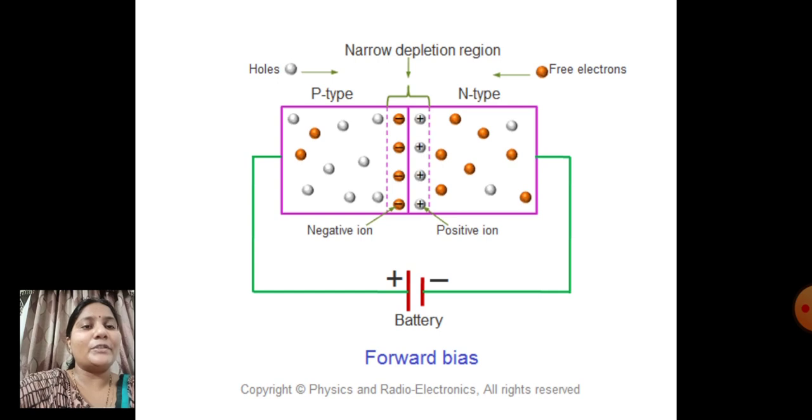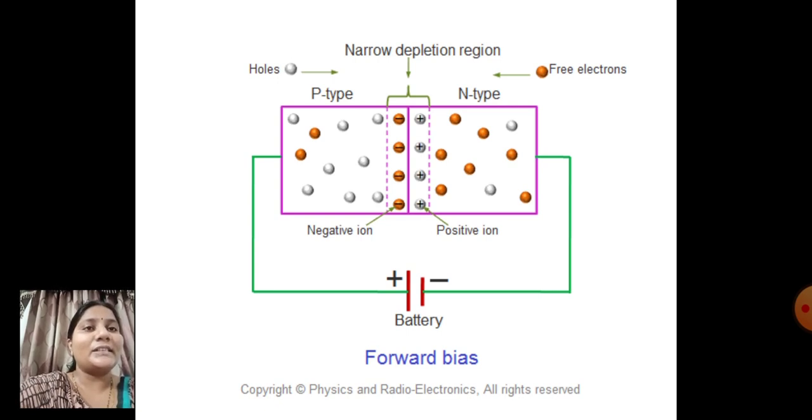When we apply a positive supply, or when we connect a PN junction diode in forward bias condition, the width of the depletion region becomes thin and decreases to 0. And the second thing is the current starts conducting, and the reason the current starts conducting is due to the majority charge carriers only.